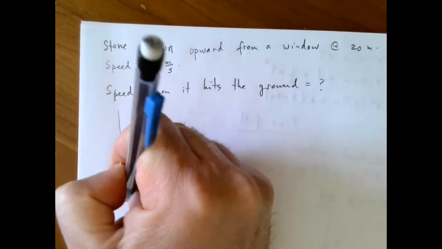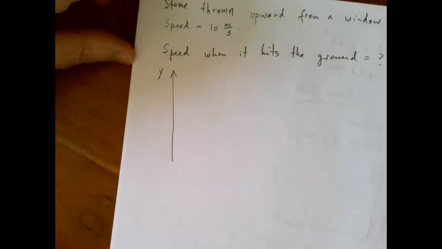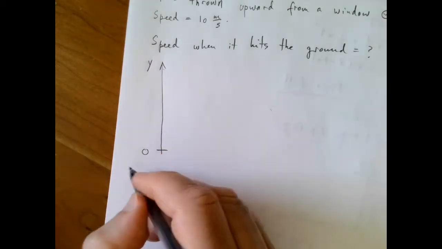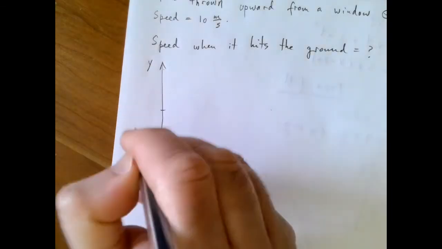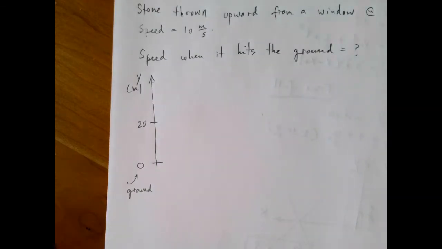We have to draw, and all we have to draw is the y-axis. Let's label all the important positions in the problem. 0 will be the ground. 20 is the initial position of the stone at a height of 20 meters.